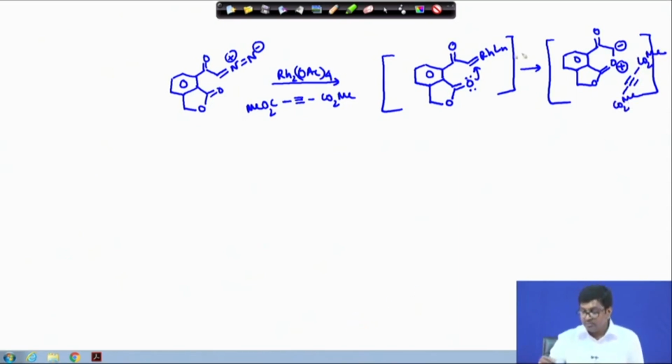Now, this alkyne can react through a 3 plus 2 cycloaddition reaction and give the final product.